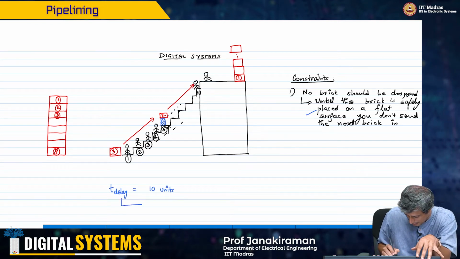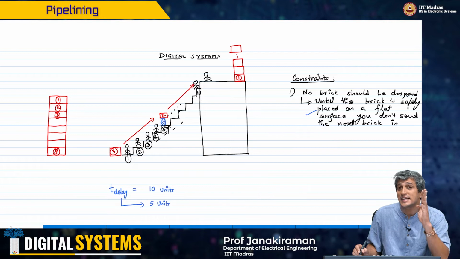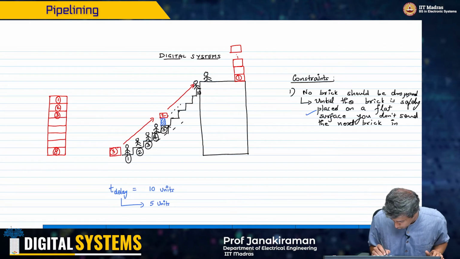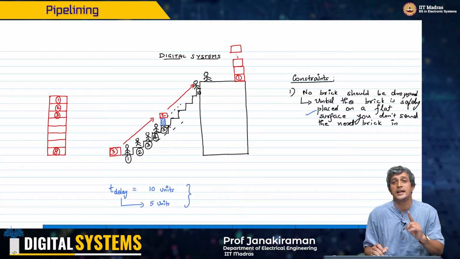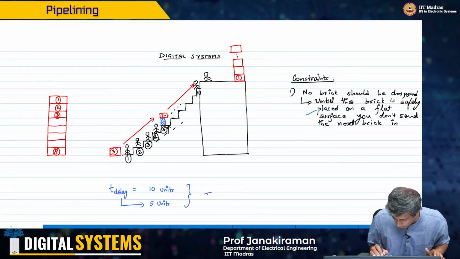This delay has now come to 5 units of time. So this is the exact idea of pipelining. What we are going to call this delay, the delay with which you can feed the next input into the system, is throughput.